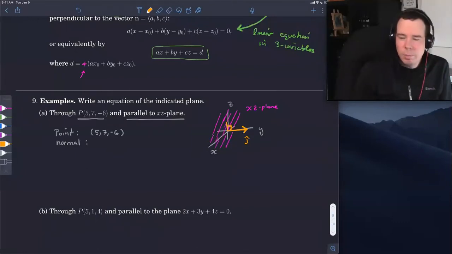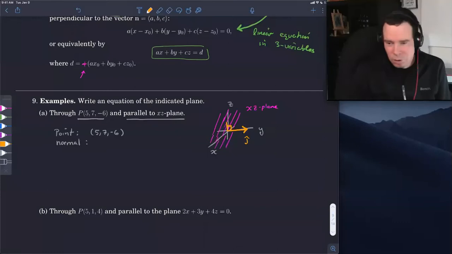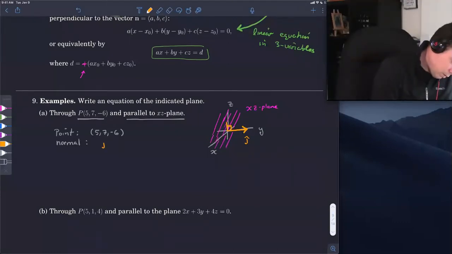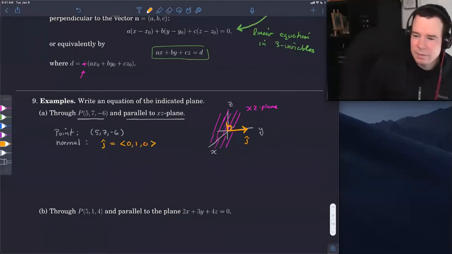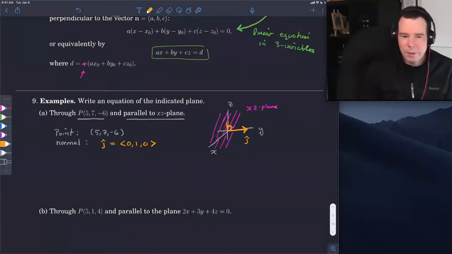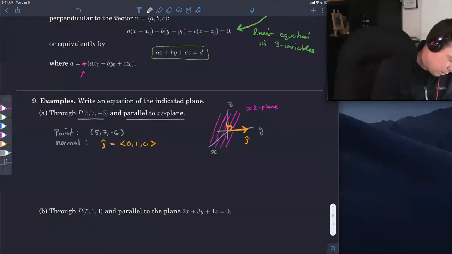So because I know the plane I'm looking for is parallel to the XZ plane, and the normal vector to the XZ plane is J, then that must also be a normal vector to the plane I'm looking for. So I can read from that statement that I've got a normal vector for my plane. So now we've got point, vector, and so now we can put it together into the equation of a plane.